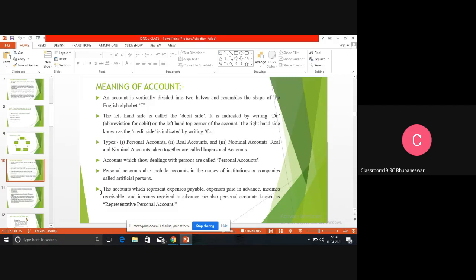Outstanding expenses means expenses which have been incurred but not paid. Accrued expenses, accrued incomes: these are done under a head for a person. Outstanding expenses of Rama, outstanding expenses of Sam. Those are known as personal accounts, and we call them representative personal accounts.